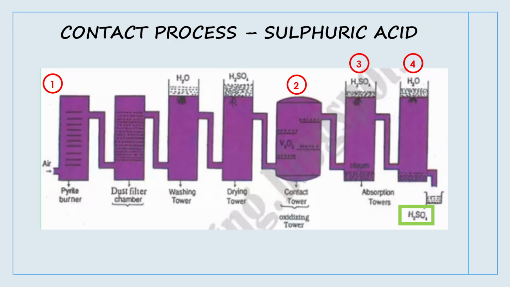In this case, it will improve the rate of the reaction because we need to work with the sulfur trioxide. So this vanadium pentoxide will result in the formation of sulfur trioxide and a lower amount of sulfur dioxide. Then the sulfur trioxide is further moved into the absorption tower where a sulfuric acid shower is done and it results in the formation of oleum. This oleum is then further moved to the dilution chamber where a water shower is done and we obtain sulfuric acid that is 98% pure.